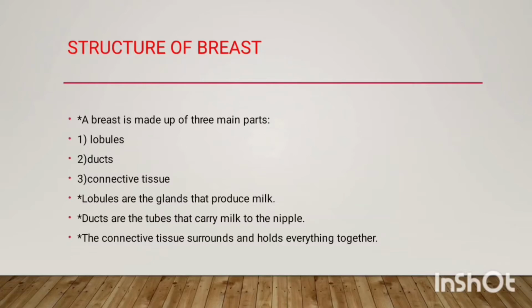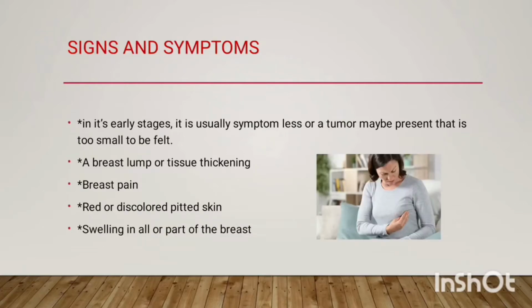Now, the signs and symptoms that are present in a patient. In its early stages, it may be symptomless, but a tumor may also be present that will be too small to be felt in its early stages. Then it can develop into a breast lump or tissue thickening in or around the breast.